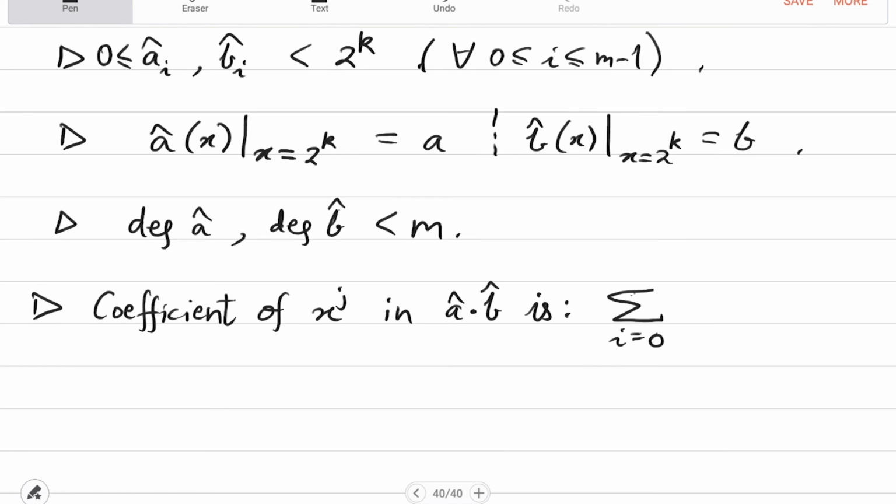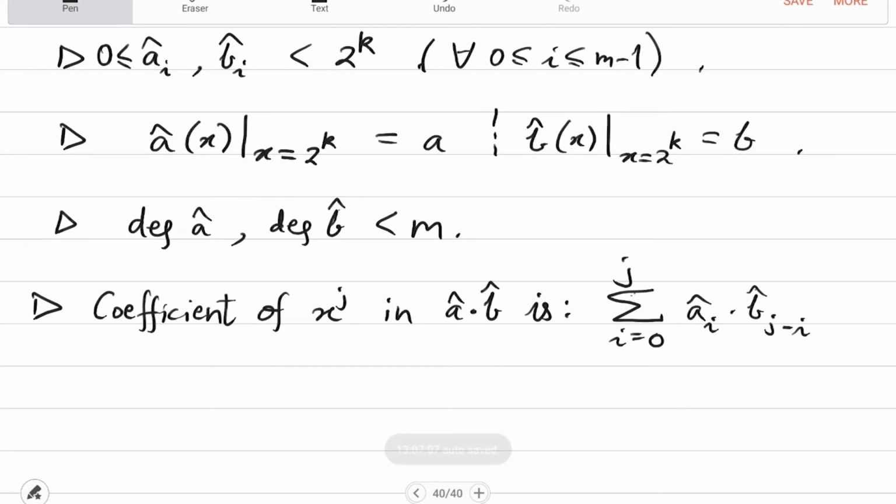i from 0 to j of ai hat times b j minus i hat. These are the numbers which are the coefficients of a hat and b hat, and these products you have taken and summed up to get the coefficient of x to the j in the product.